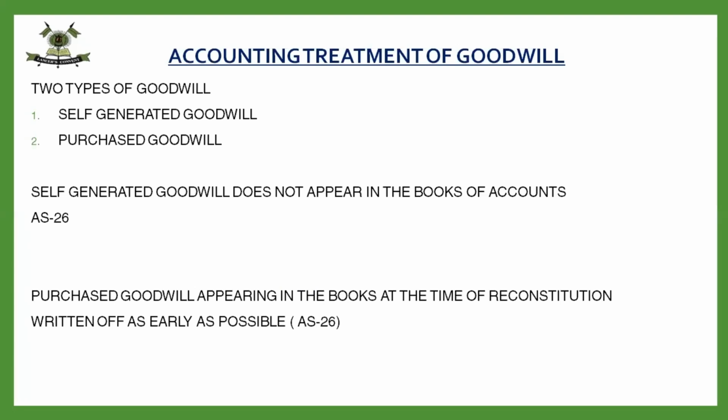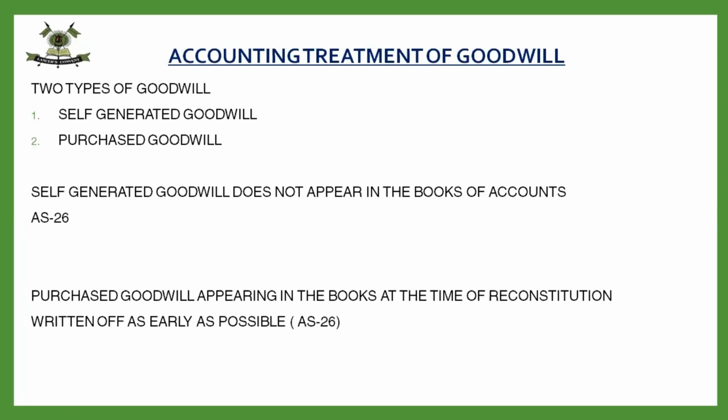The goodwill appearing in the balance sheet on the date of admission is to be treated separately, and the goodwill that we are valuing on the date of admission is to be treated separately.